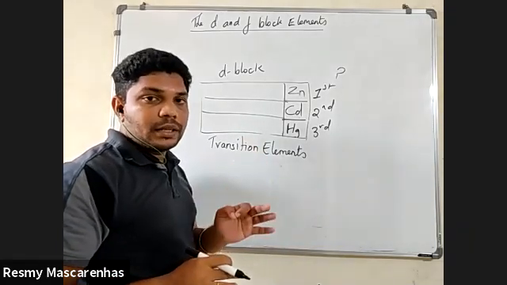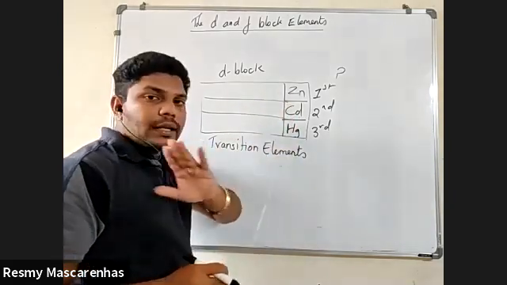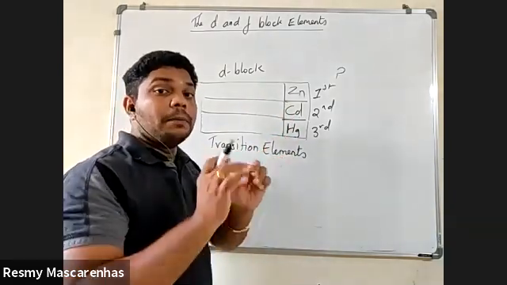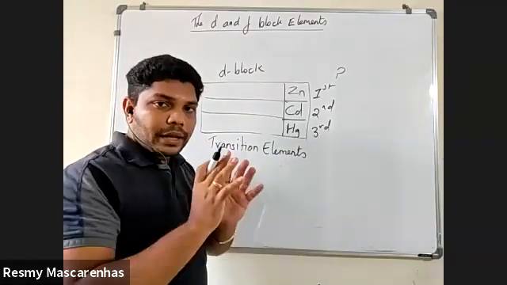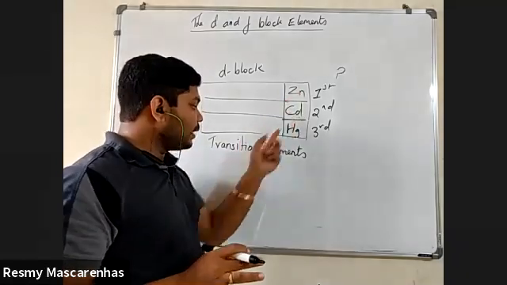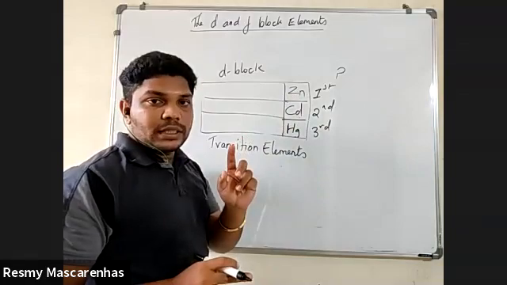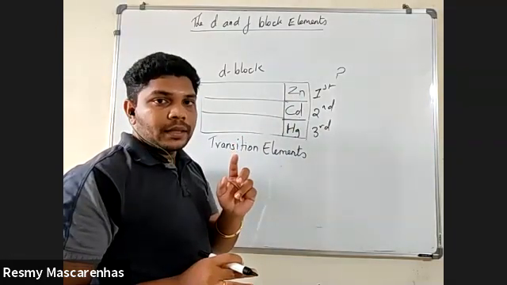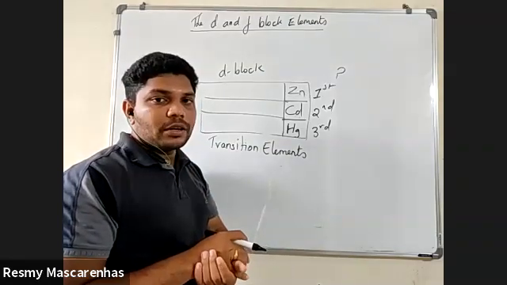Now what is the difference? Whenever the outermost orbitals are completely filled and there is no unpaired electron, then you cannot call that particular element a transition element. So in this case, zinc, atomic number 30: is the outermost orbital completely filled or not?